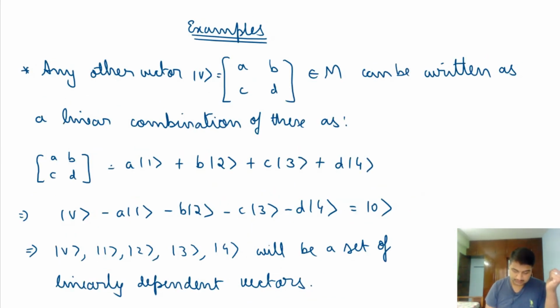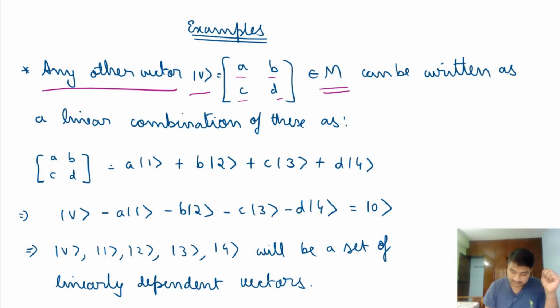So let us do that. Let us consider any other vector v whose entries are a, b, c, d, where not all of them are 0, because if all of them are 0, it will be the null vector. So I'm going to consider a non-null vector, any vector which belongs to the set M.